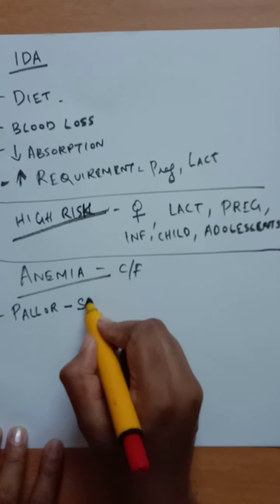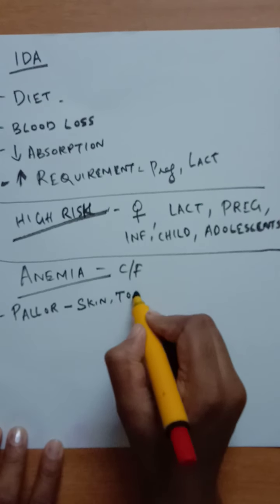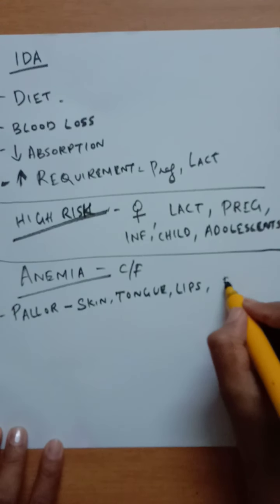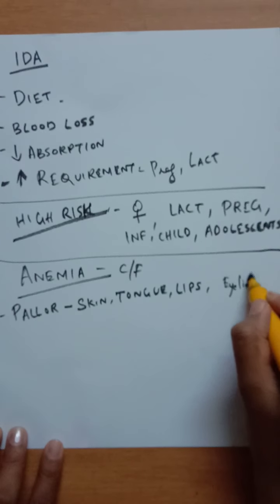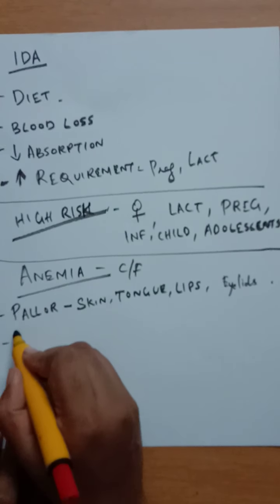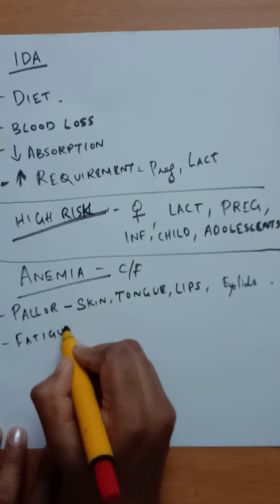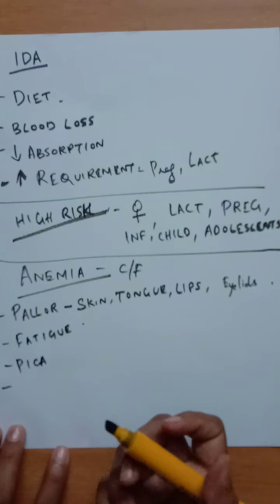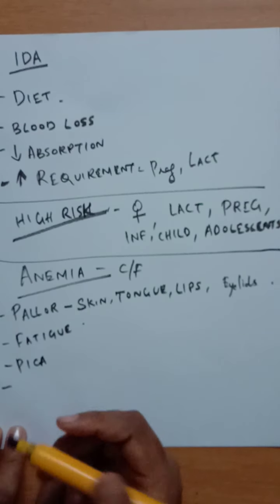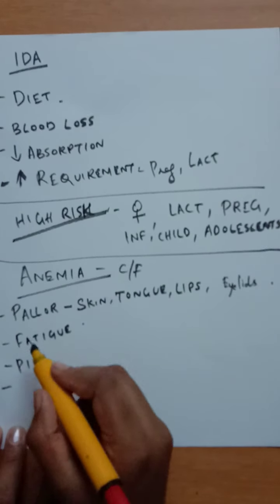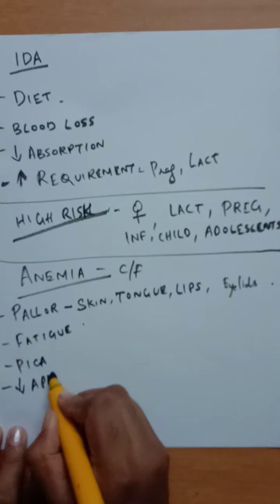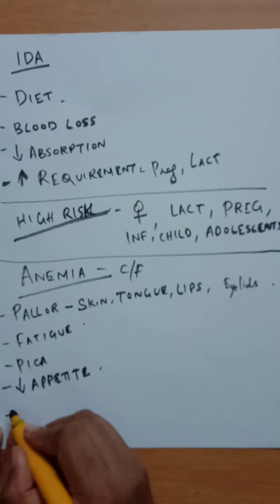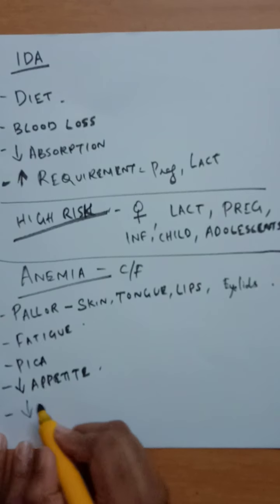So it can be in skin, tongue, lips, eyes, eyelids, conjunctiva, and fatigue, weakness, pica, unusual food cravings like uncooked rice, ice, any other thing. And decreased appetite in children, impaired cognitive performance, reduction of physical activity.